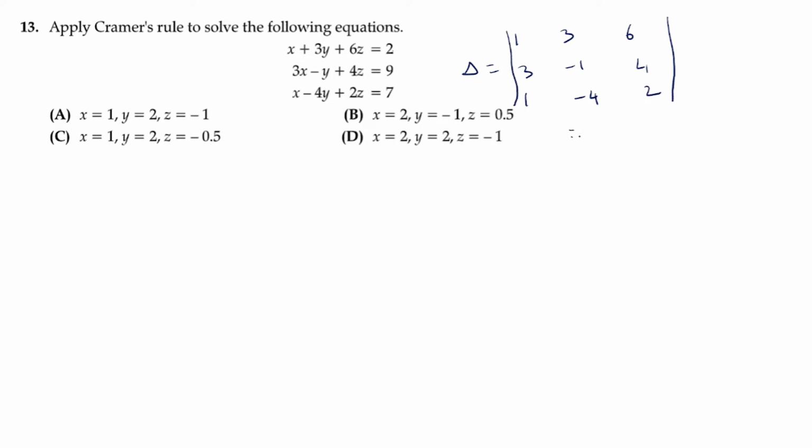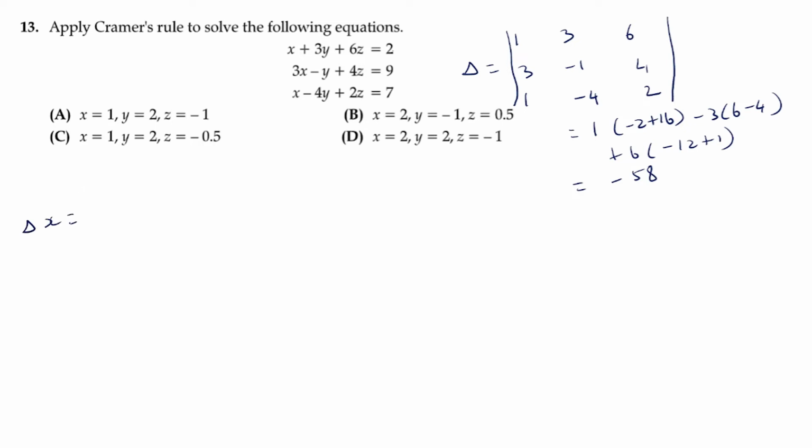So expanding along R1, this is 1 into minus 2 plus 16, minus 3 into 6 minus 4, plus 6 into minus 12 plus 1. So when we simplify, we get this as equal to minus 58.